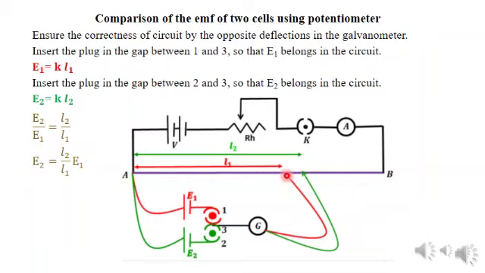Move the jockey over the potentiometer wire from end A till the galvanometer shows null deflection.